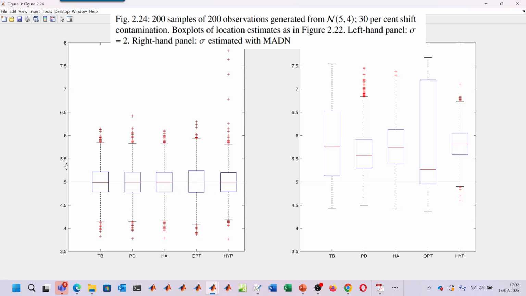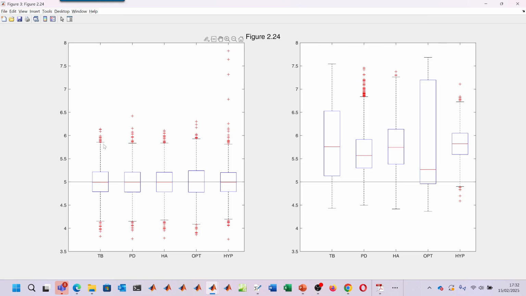In both cases, we have 30% shift contamination. It is clear that if you use the true value of sigma, the estimates are centered around the true value of location. On the other hand, if you use an estimate of sigma, in this case estimated using the normalized MAD, the estimates of location are biased.